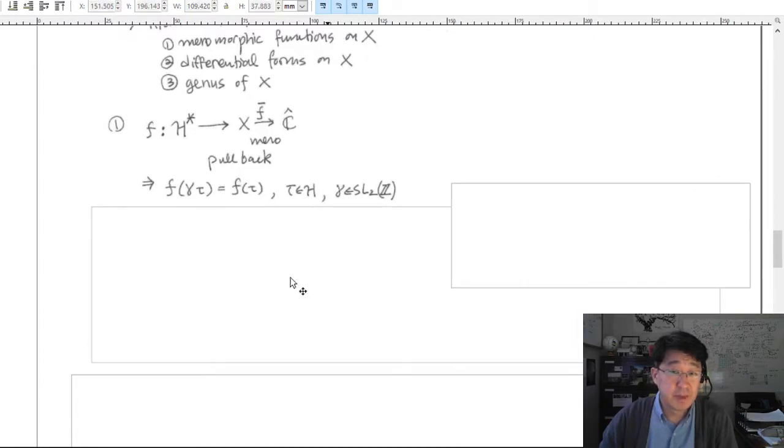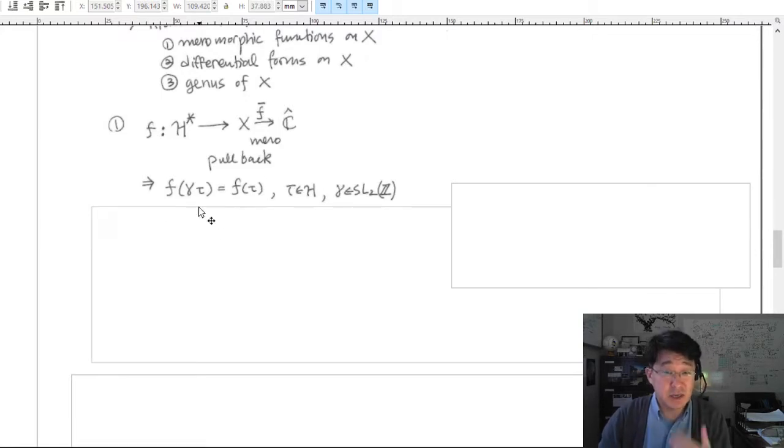So we have the following interesting transformation property. If you're looking at tau in here and a distinct point gamma tau as a point in the upper half plane, they both go to the same orbit down there. Therefore, they go to the same function value. So if you pull back a meromorphic function defined on this modular curve, it creates a function on the extended upper half plane such that under this gamma action, they give you the same function value.